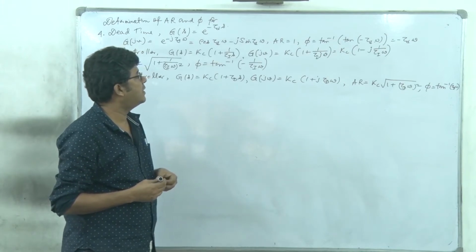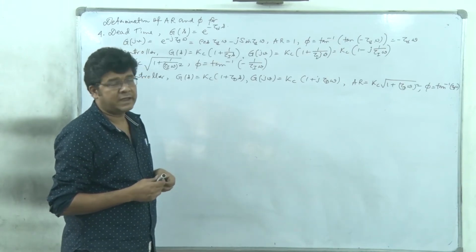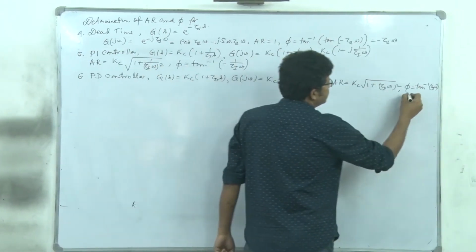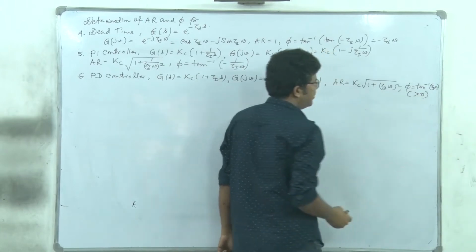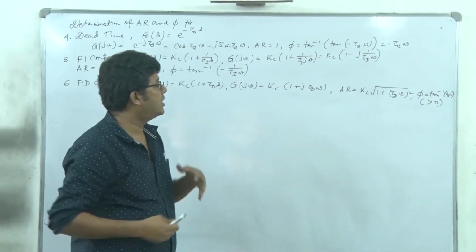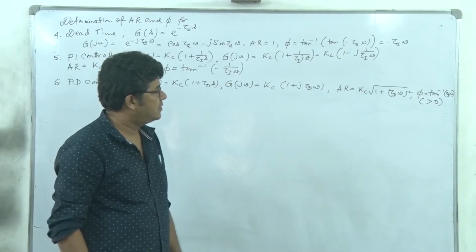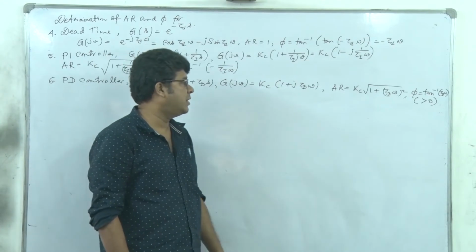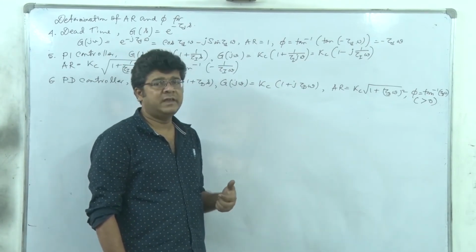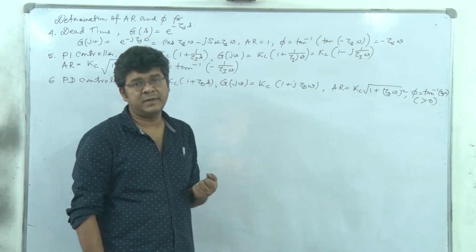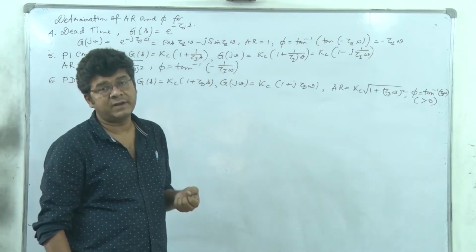What we observe so far is that for first order, second order, dead time, and PI controller, everywhere we found that phi was negative. Only for the PD controller do we get phi to be positive, which means that the PD controller always leads the input. The output generated by the PD controller always leads the input, and that is the specific implication of the derivative mode.